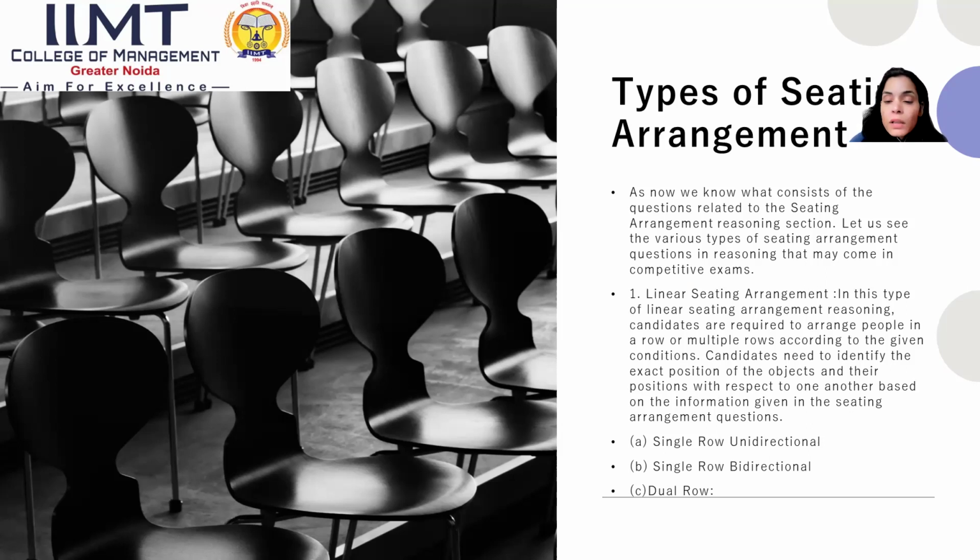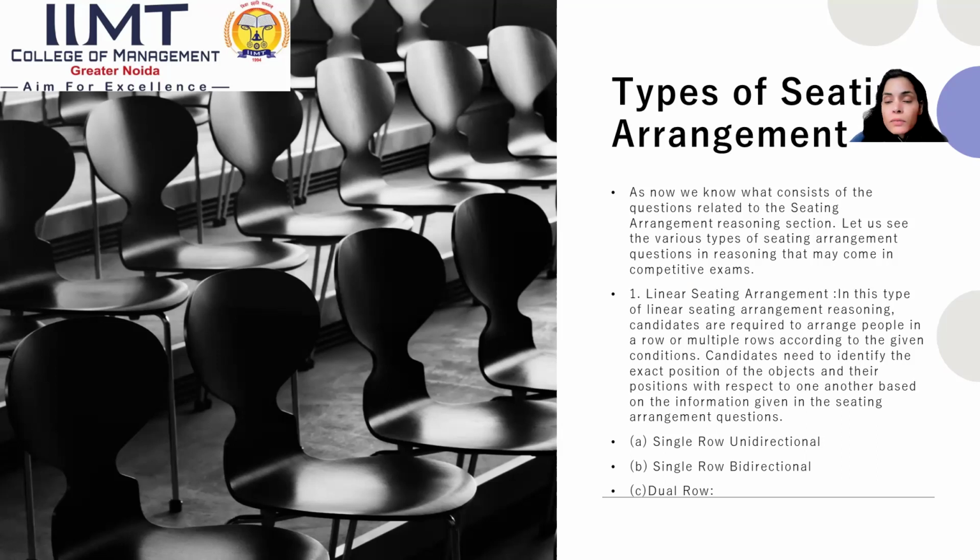Single row bidirectional means the people or the objects we will set will face in opposite sides. Someone is facing north, someone will face south, someone is facing east, then someone will face west. And a dual row means there may be two rows in a particular question.